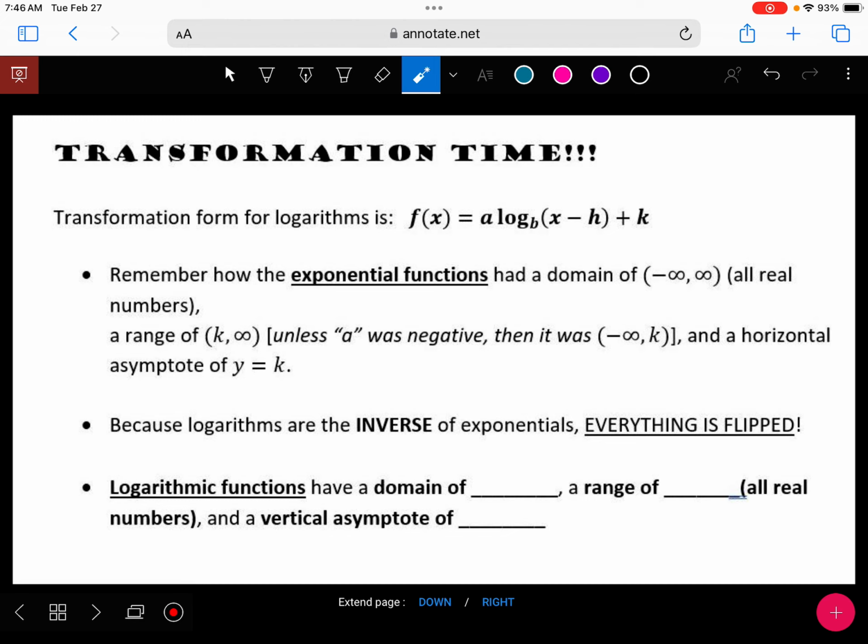We're going to work with this tomorrow. This is legitimately the first slide I'm going to put up tomorrow. All this is doing is talking about transformations. This is kind of the most important piece here. Okay?